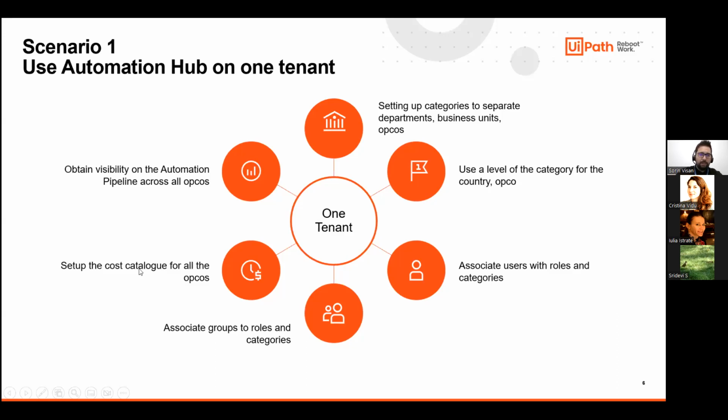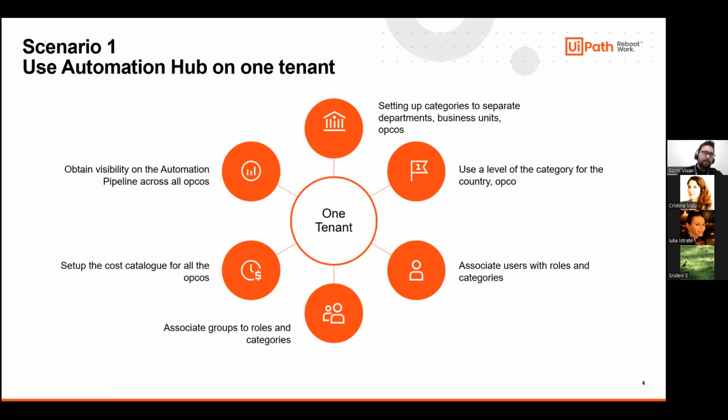Of course, you want to set up the cost catalog in order to use the cost benefit analysis section, but this time you will need to think of a way to set up that cost catalog for all the OPCOs. So it has to apply for everybody because you have one global tenant.